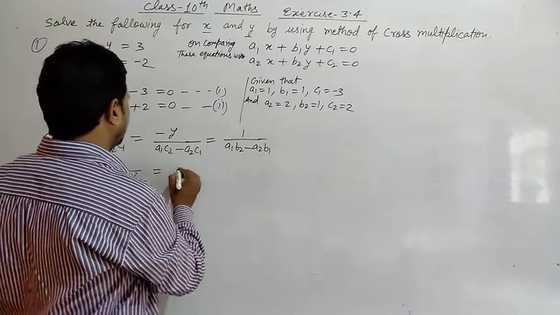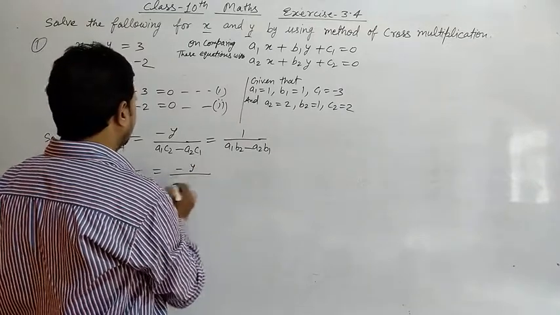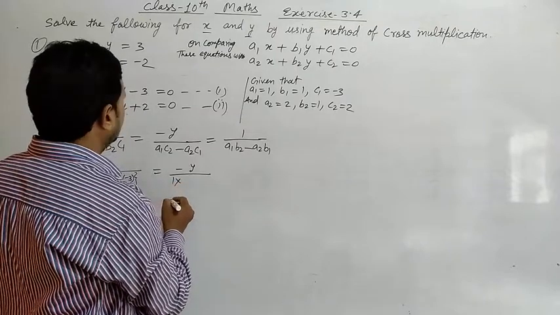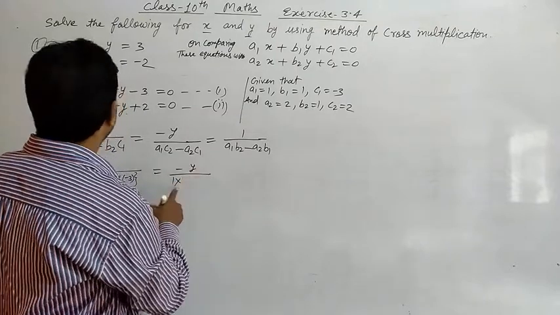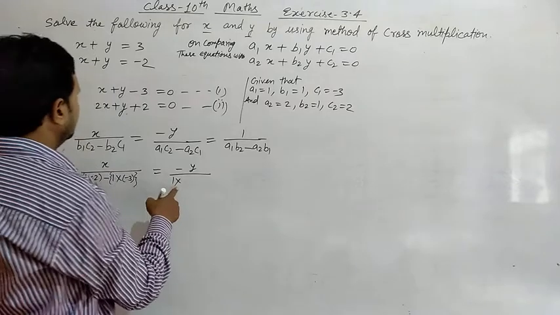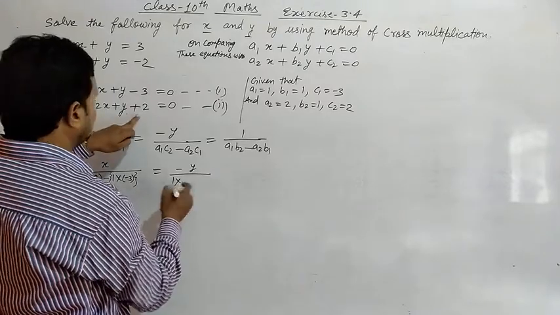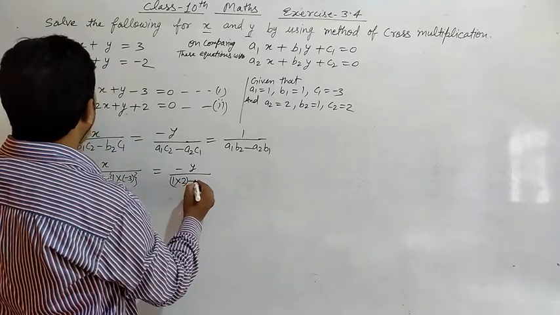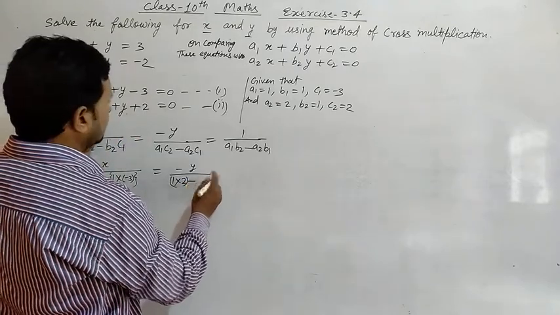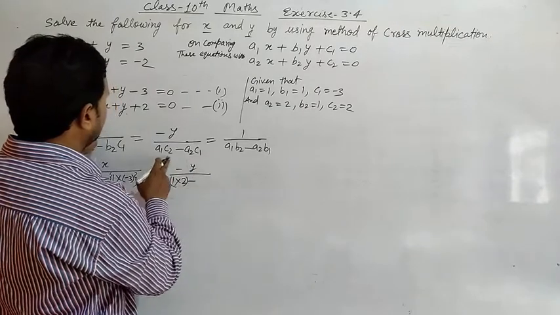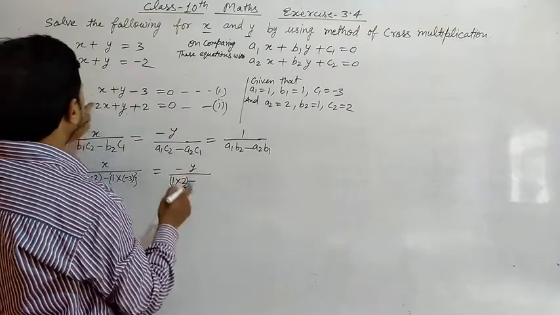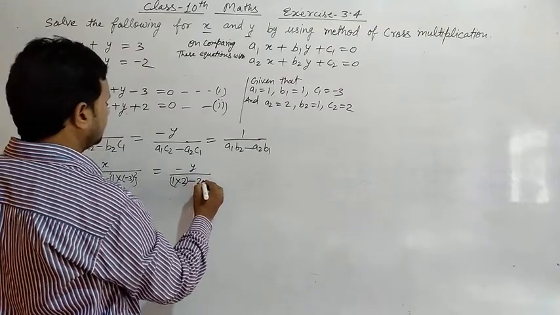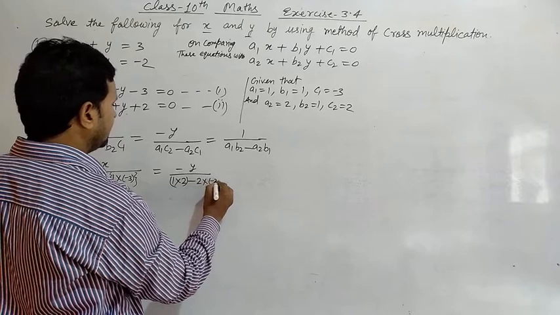x upon... is equal to minus y upon, here is a1 into c2, which is 1 into 2, minus a2 into c1, which is here minus 3, meaning 2 into minus 3.